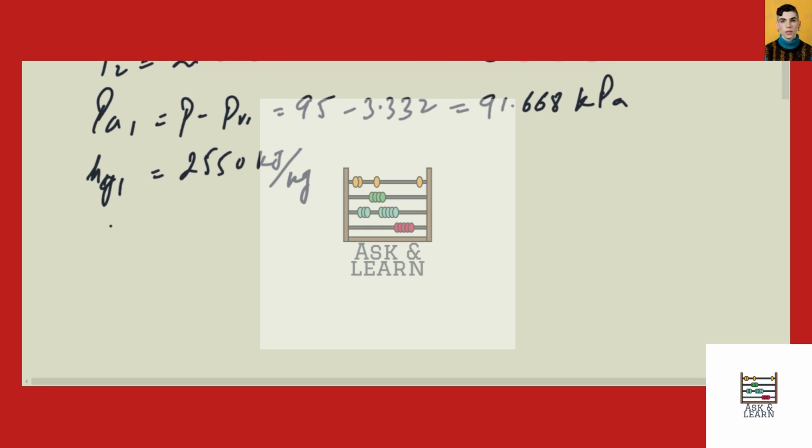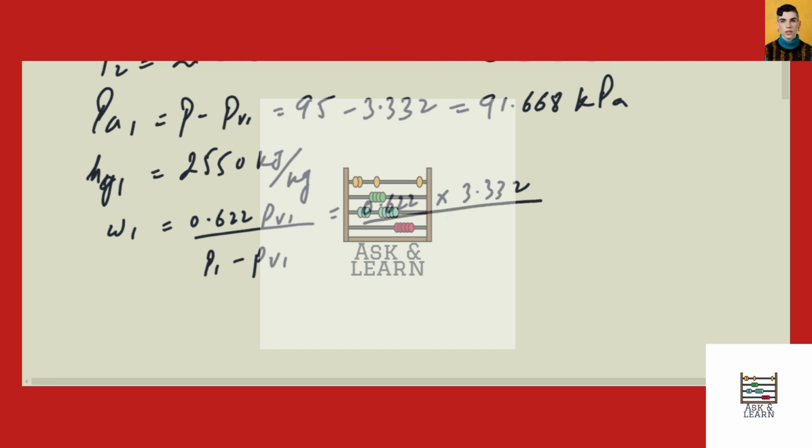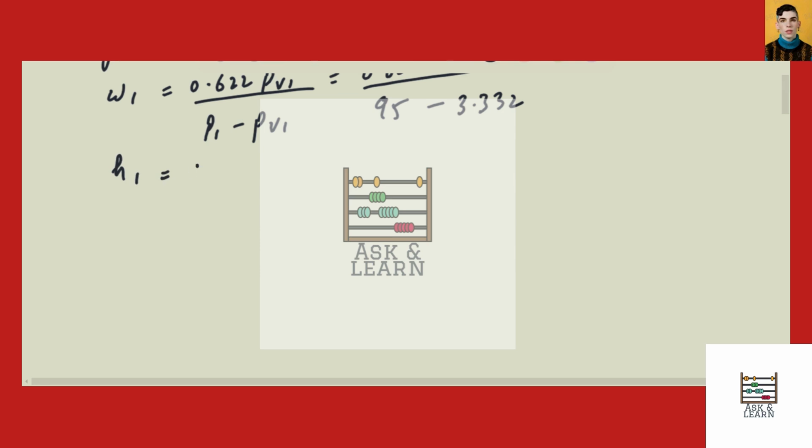Now, guys, we have W1 is equal to 0.622 into PV1 divided by P1 minus PV1, and that is equal to 0.622 multiplied by 3.332 divided by 95 minus 3.332, and it's equal to 0.0226.